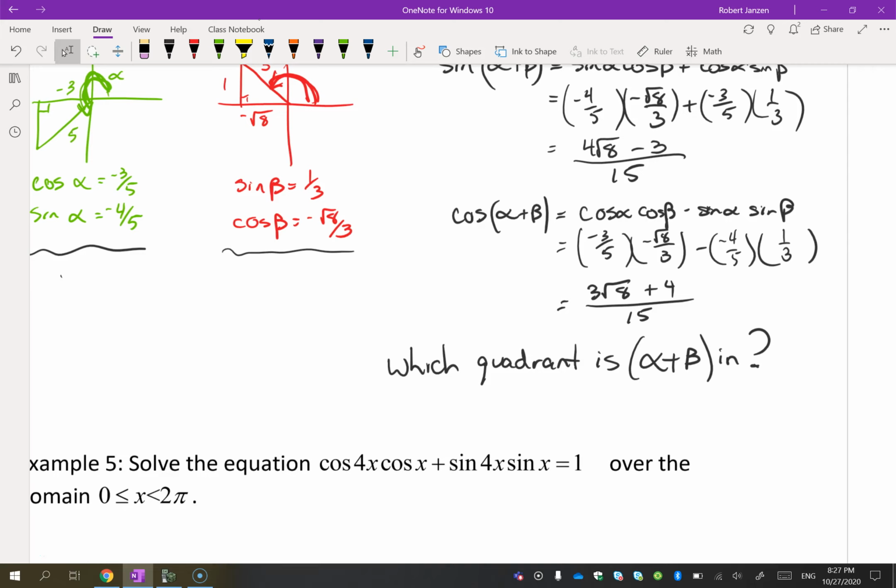What do you think? And how can you tell? Well, if you look, this angle is positive, and this value is positive. So which quadrant is sine positive? Well, let's go alpha plus beta. If sine alpha plus beta and cos alpha plus beta are both positive, where does that happen?